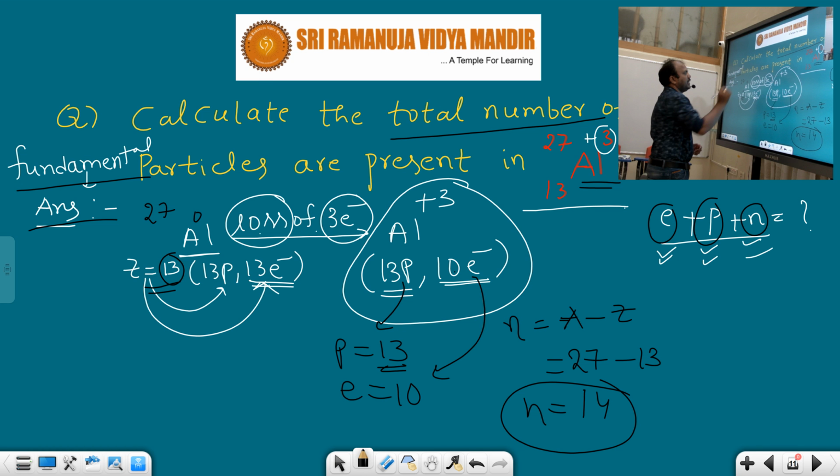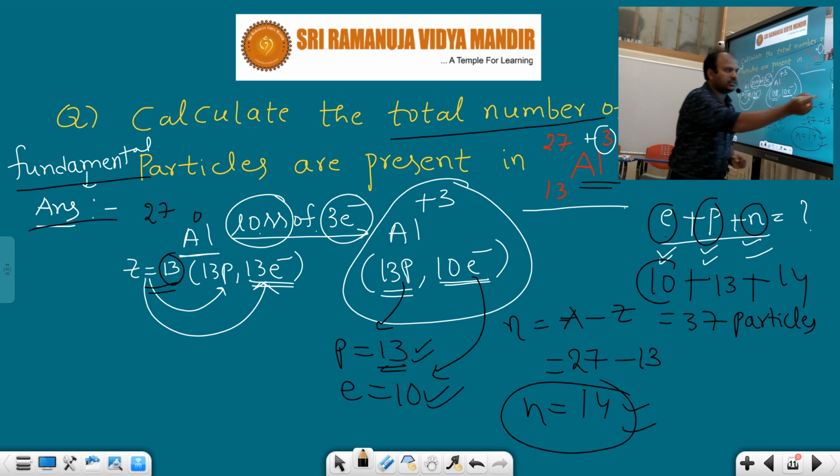Total number of particles here is 37. Out of these 37 particles, the electrons are 10, the protons are 13, and the neutrons are 14. The question asked how many fundamental particles the aluminium plus 3 cation contains. Total 37 particles.